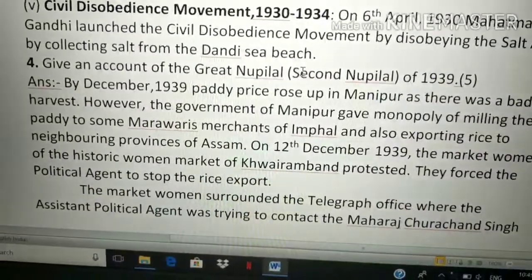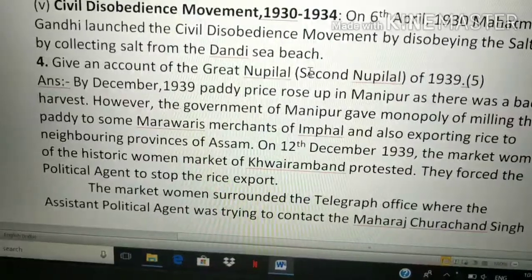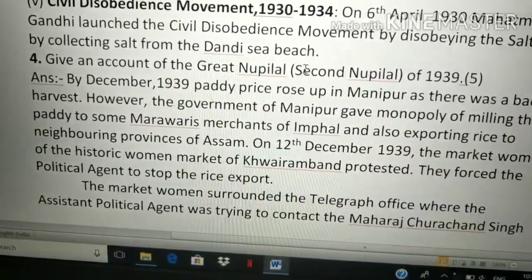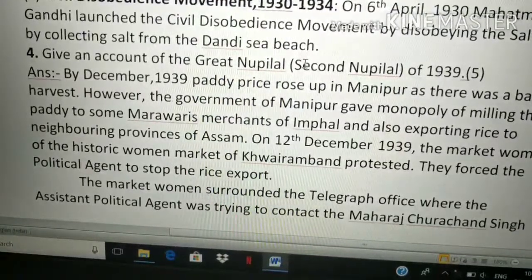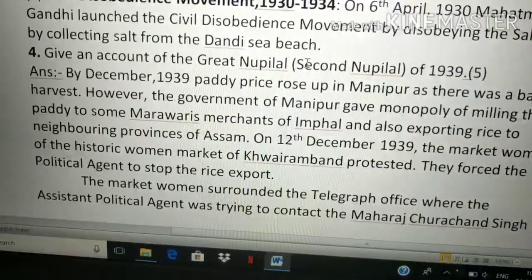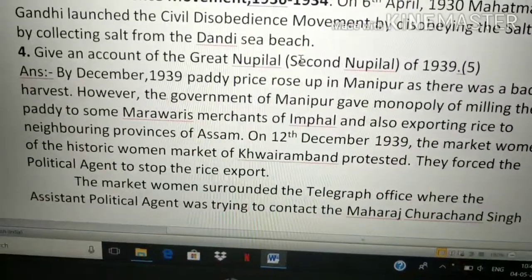Give an account of the Second Nupi Lan of 1939. By December 1939, the paddy price rose in Manipur as there was a bad harvest.